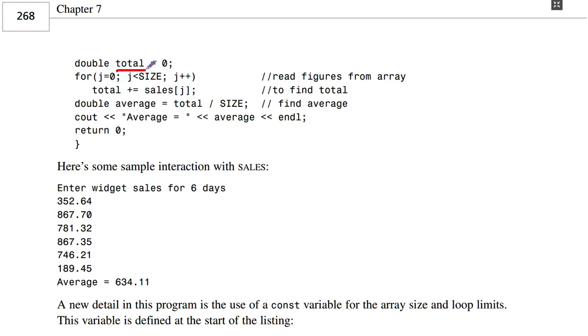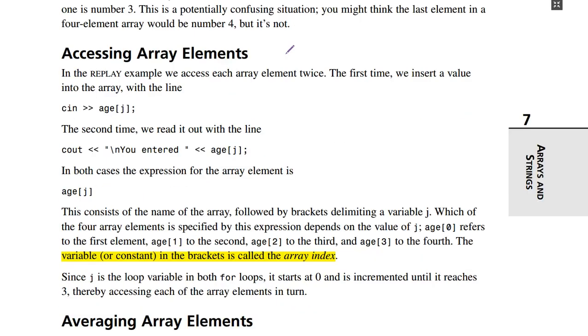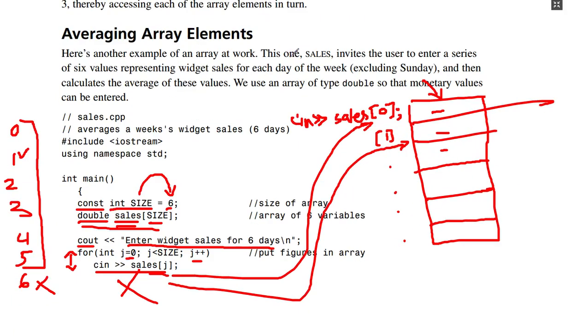Now total is equal to 0. First this variable is declared, and then this loop again would execute 6 times. Another variable is declared in the memory, and first its value becomes equal to 0.